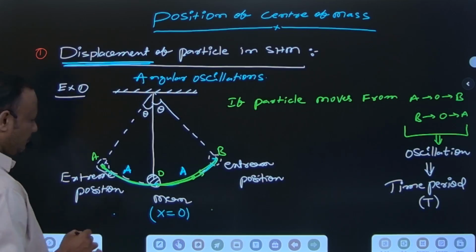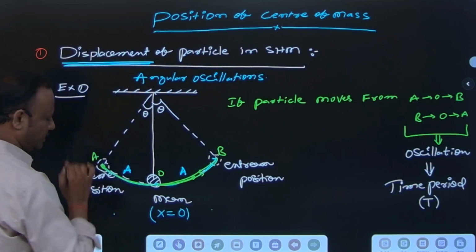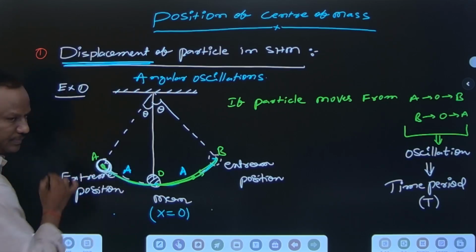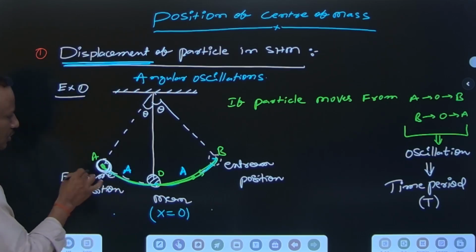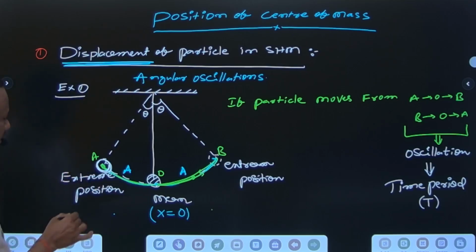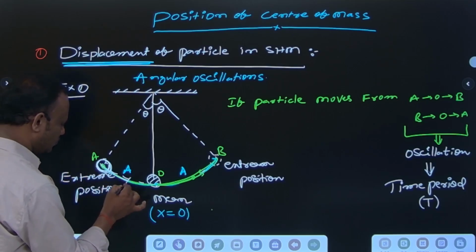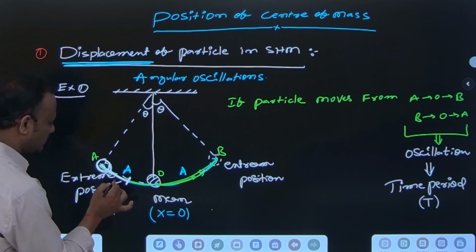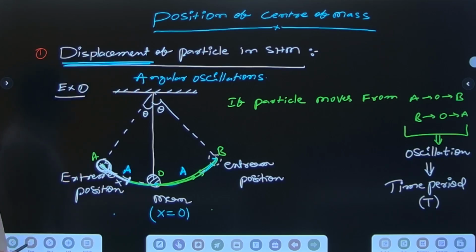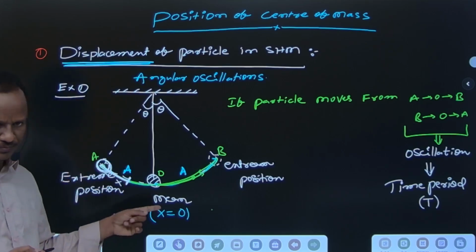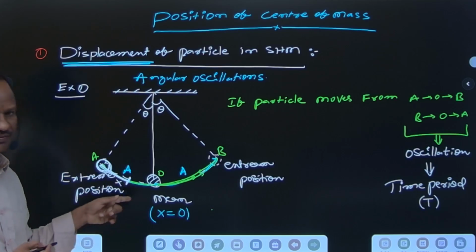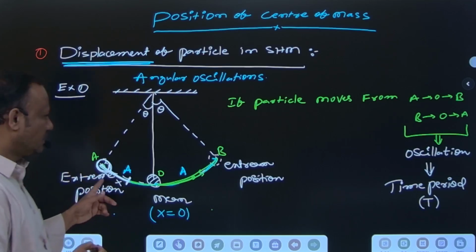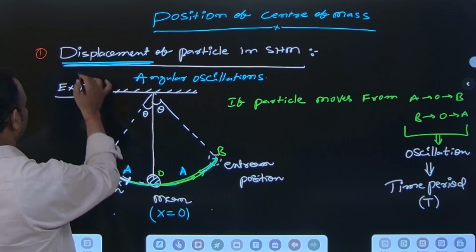So it started from, for example, here, from the extreme point. From extreme, what distance did it move? This is the distance traveled. The distance traveled may be from A to O, or half of that, or 1/4 of this, or anything like that. So we can say this is the displacement of the particle.